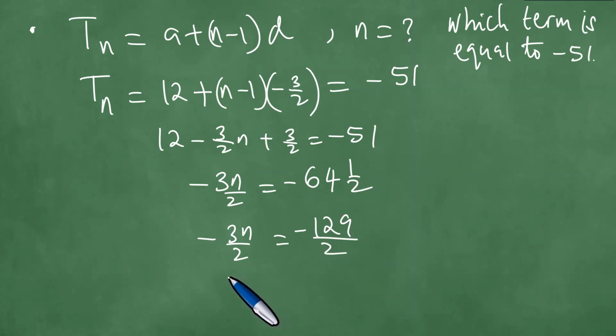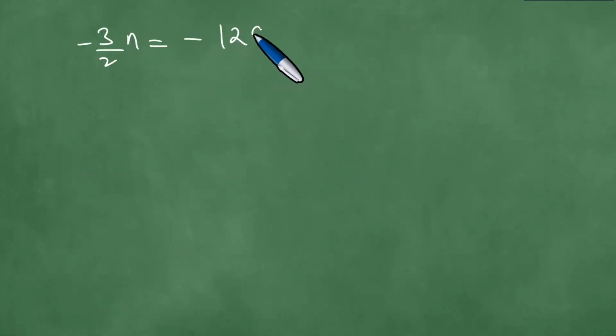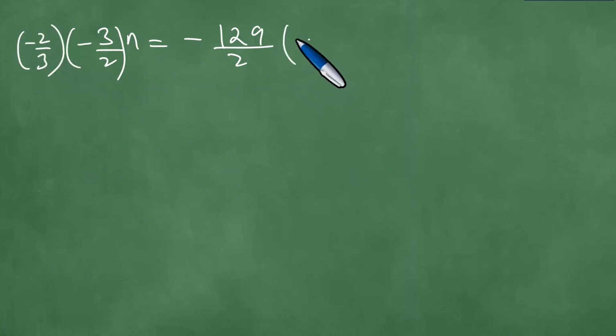So what is n? So if you have minus 3 over 2, minus 12, 1, so minus 2 over 3, minus 2 over 3, cancel out.